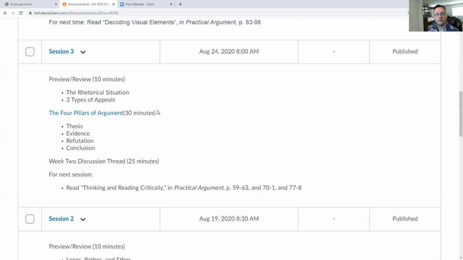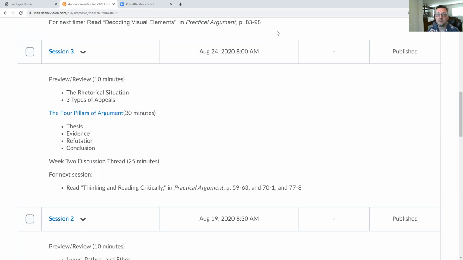And I explained, and we discussed last time, the idea of opening any kind of writing with a type of funnel-like introduction, meaning that we start with the most general sense of information and we narrow that information down into a very specific detail. That most specific detail, of course, being the thesis statement itself.